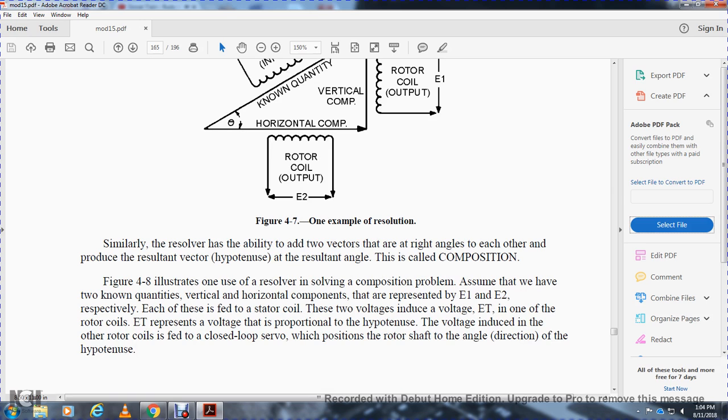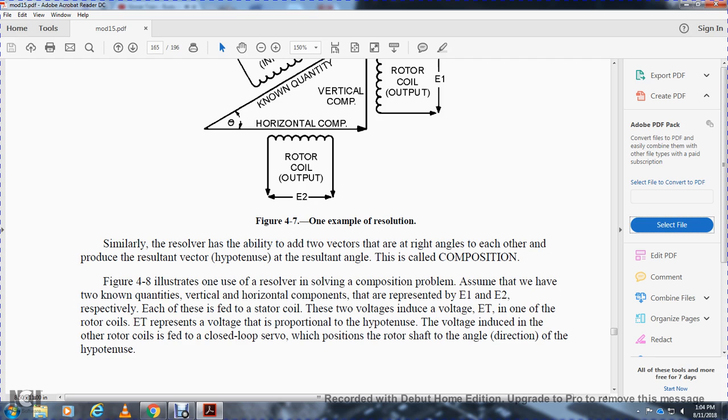Similarly, the resolver has the ability to add vectors at right angles to each other and retrieve the resultant vector, the hypotenuse, with the resultant angle. This is called composition. Figure 4-8 illustrates the solution of a composition problem. Assume we have two quantities, vertical and horizontal components, represented by voltage 1 and voltage 2 respectively. Each is fed to a stator coil, and the total voltage induced in the rotor coil is proportional to the hypotenuse.